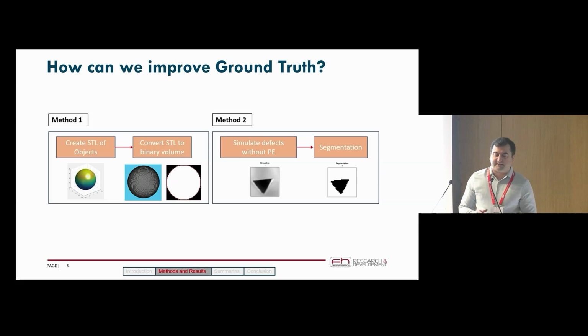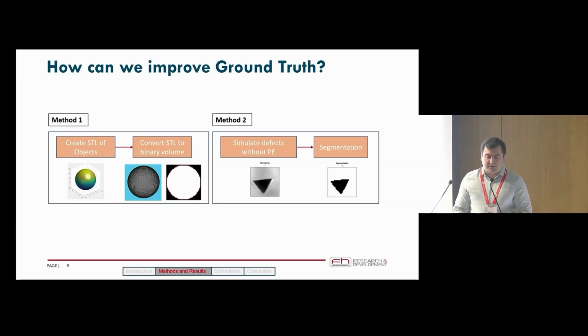Firstly, we create the STL object, then convert it directly from the STL to a binary volume. The second method is we remove all of the physical effects from the simulation, then create the simulation with and without physical effects. You can see one example where we don't have any noise or any ballooning effect. Of course, it's easier to segment this kind of defects or objects.